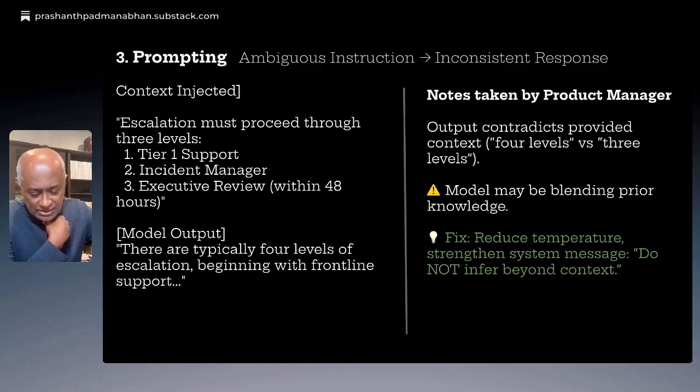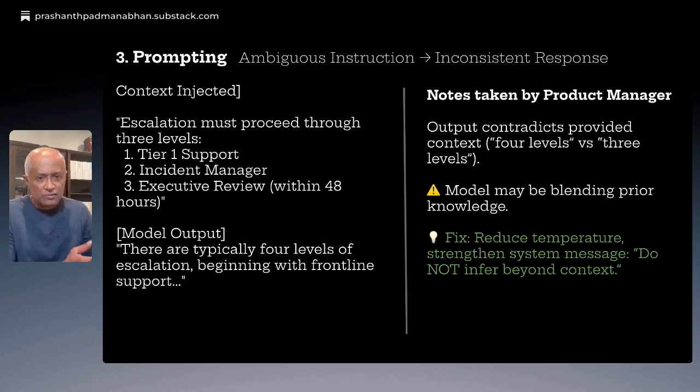This normally happens when the temperature is very high. That means you can adjust the temperature of the response of the feature. If you keep it very low, the LLM will be very conservative. If you keep it very high, the LLM will be creative.